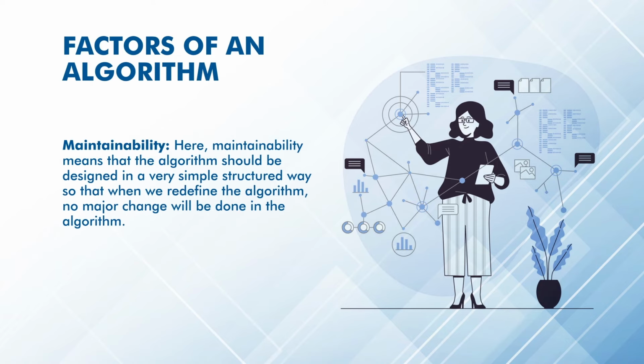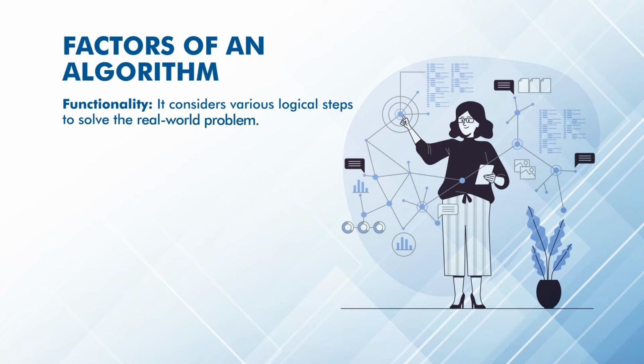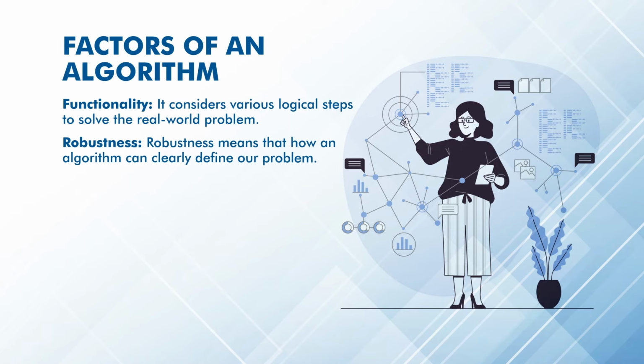Next is maintainability. Here, maintainability means that the algorithm should be designed in a very simple, structured way so that when we redefine the algorithm, no major change will be needed. Next is functionality. It considers various logical steps to solve the real-world problem. Robustness.